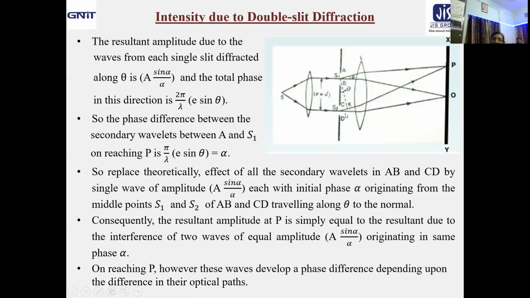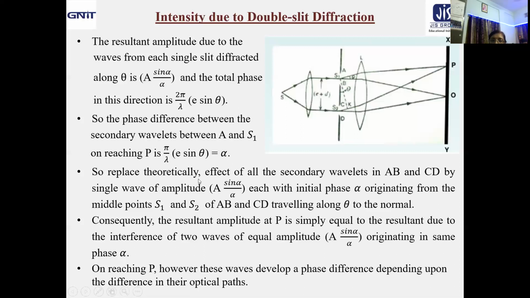Similarly, here the same thing. That means for the purpose of theoretical discussion, if you want to replace all the secondary wavelets or waves from the slit AB by a single wave, then what should be the corresponding amplitude of that wave? Definitely, it should be made equivalent to the resultant of all, then the situation will be exactly similar.